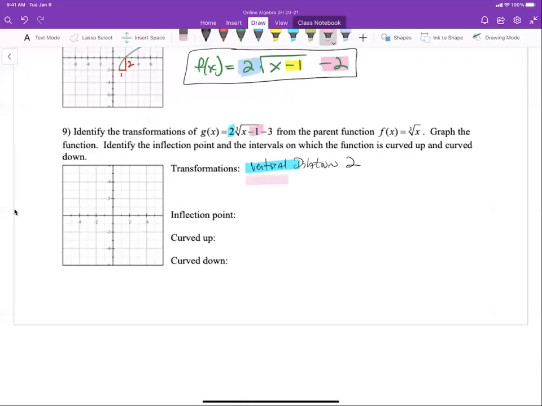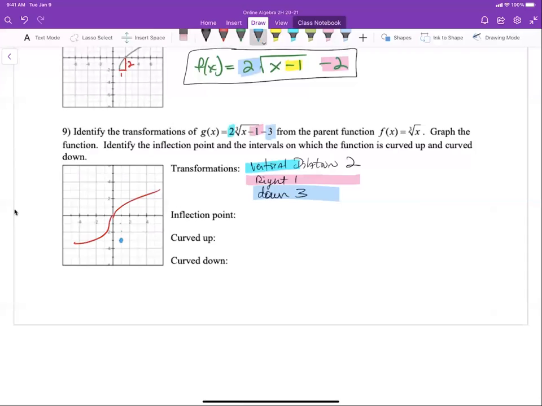We have a shift right 1, and we have gone down 3. We have nothing else, I think. And this would have looked something like this. And so now I have to go right 1, down 3.